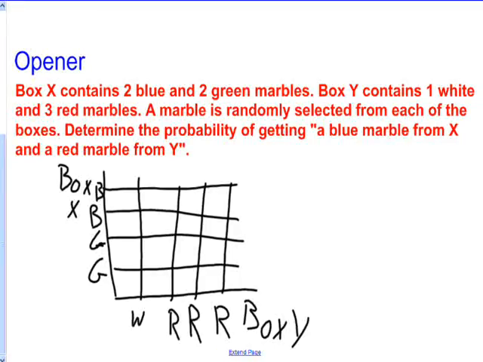Now, I want to determine the probability of getting a blue marble from X and a red marble from Y. I have a blue marble from X in all of these sections, but I get a red marble from Y in every one of these sections.